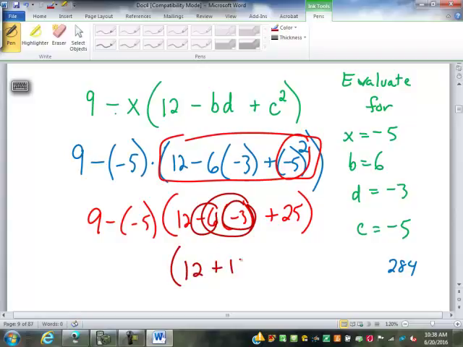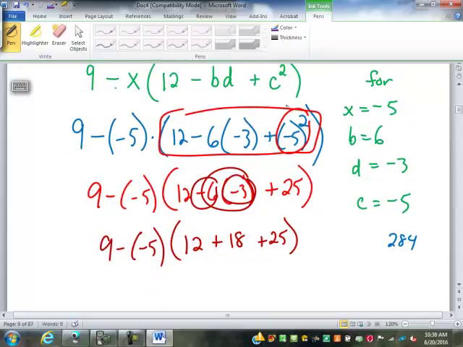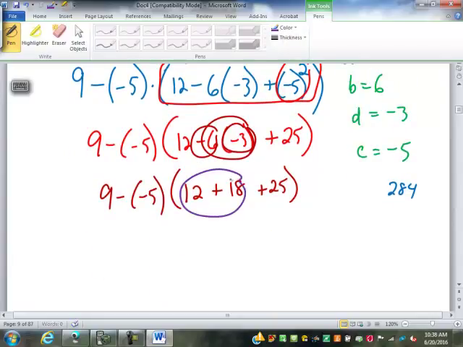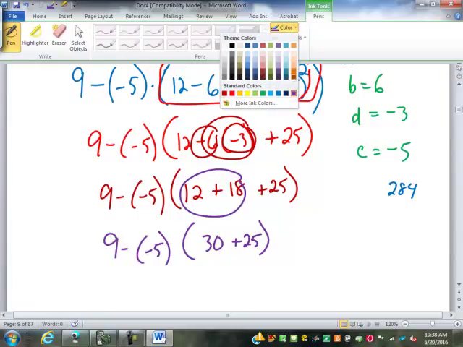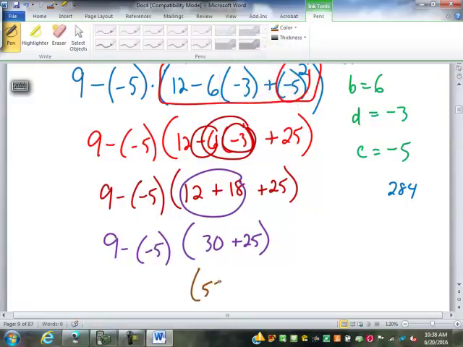Becomes a positive 18, so plus 18. Then we have the 12 plus 18. And 30 plus 25.